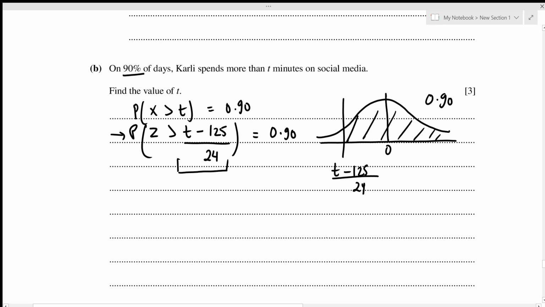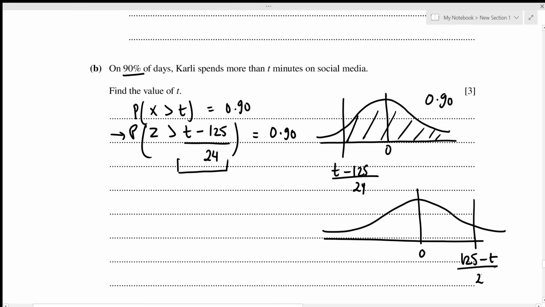Alright, now using the symmetry property, I'm going to draw another probability distribution. So that's 0. If it has the value of (t minus 125) by 24 on the left hand side of the mean, that means that there's a value (125 minus t) divided by 24 on the right hand side, at which the probability less than this value is also going to be equal to 0.90.